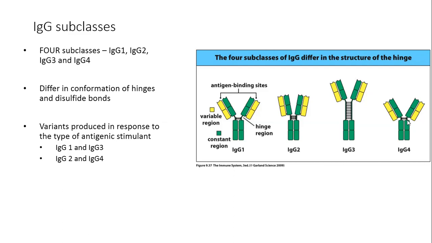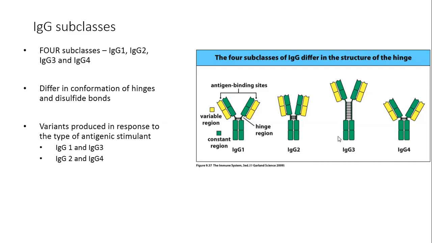Variations to this end up resulting in the ability of IgG to respond to different kinds of pathogens. So for example, IgG1 and IgG3 are really strong responders to antigens that are protein based, those complex protein antigens or epitopes.